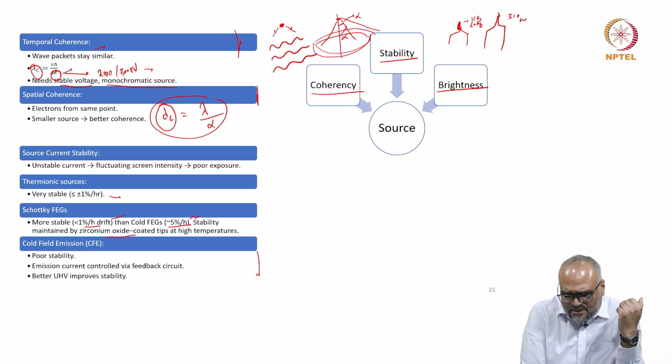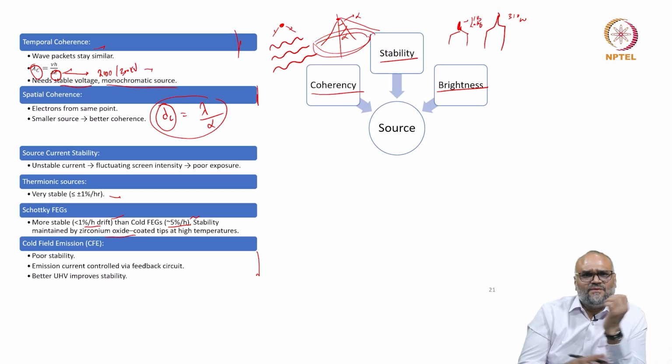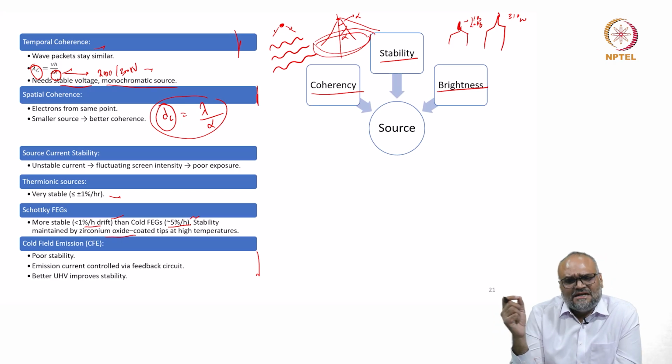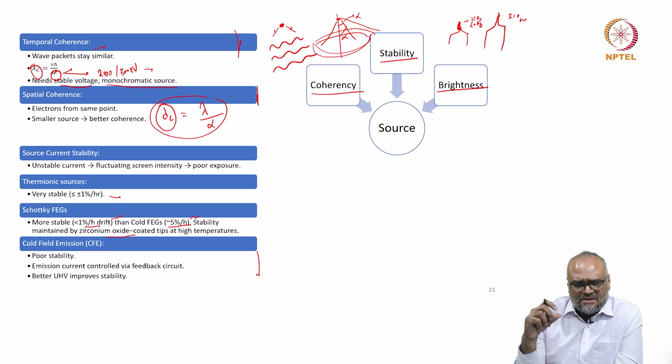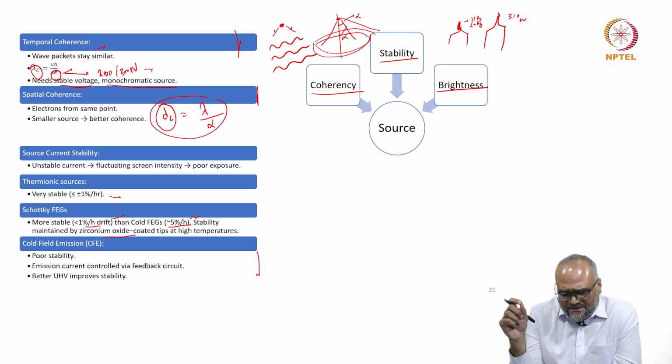That is the measure that we have in our system here. And if I'm doing some kind of analytical study where I want very high emission currents to get a very good analytical signal, it becomes imperative that I know the range of time over which the emission currents are stable.